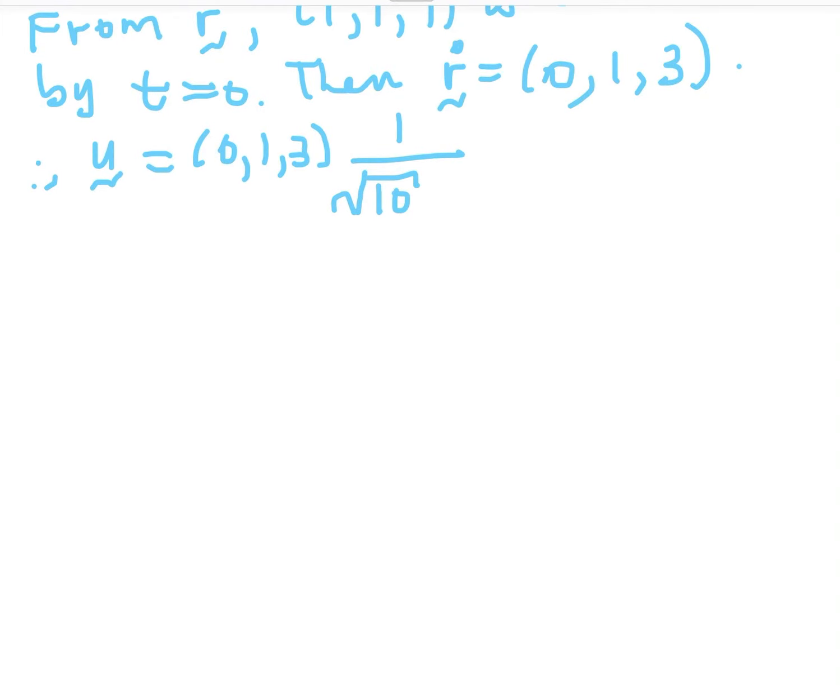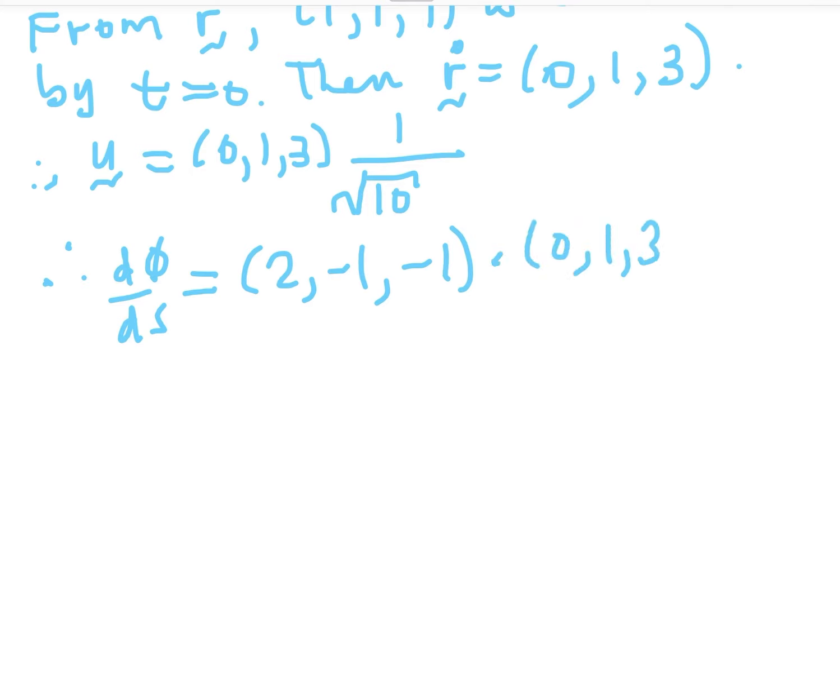So therefore d phi ds is equal to grad of phi, which is 2, minus 1, minus 1, dotted with the vector u, which is 0, 1, 3 divided by the square root of 10. That guarantees that we have a unit vector there.